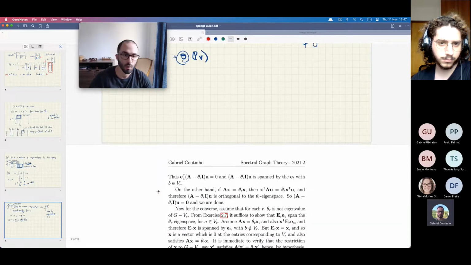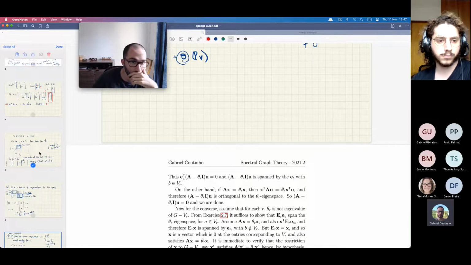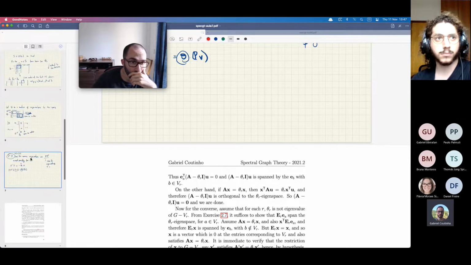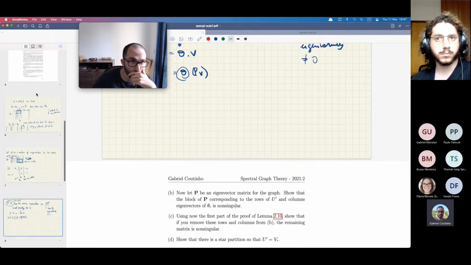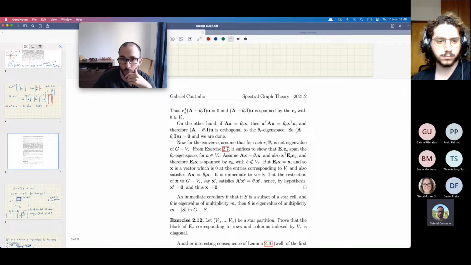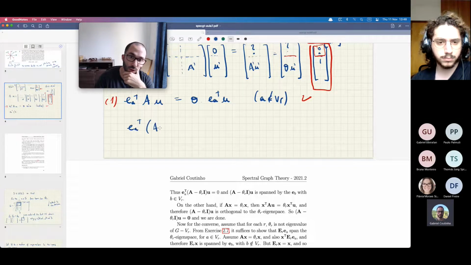Let me move this thing. Hold on a second. How can I move this? Oh, great. So I probably want to move this up. Very good. So this is the conclusion: E sub a transpose times A minus theta I times U is equal to 0.